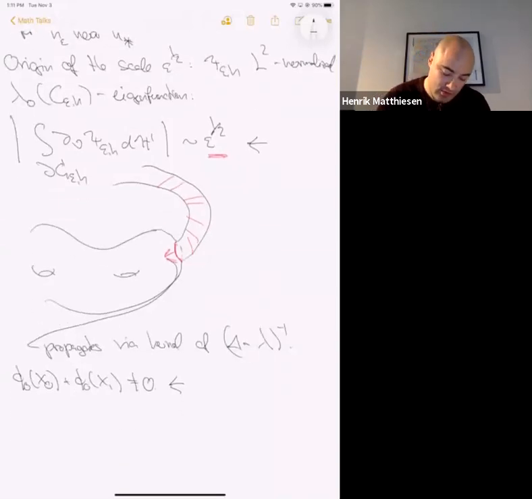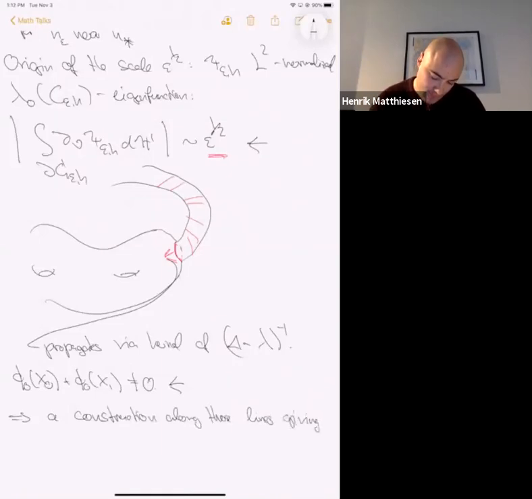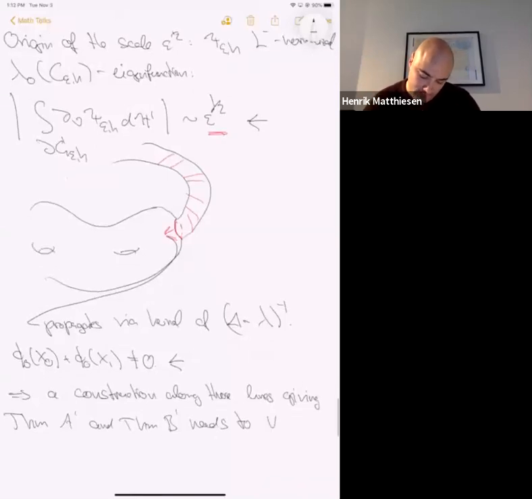So a construction along those lines, giving theorem A prime and B prime, needs to use a collapsing part developing a continuous spectrum.